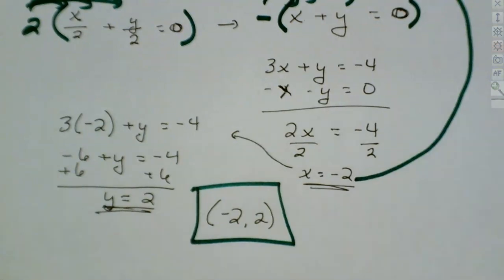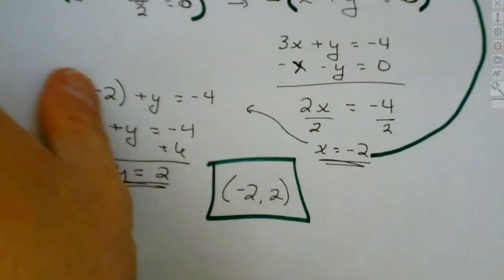Question 30 is another one with fractions, but we're going to have to be really careful when we clear them out. A lot of times, students make mistakes with these, with something like question 30. And I gave you one of these, I believe, in your homework. I gave you a couple fraction ones. Okay, this is going to look like your homework here.